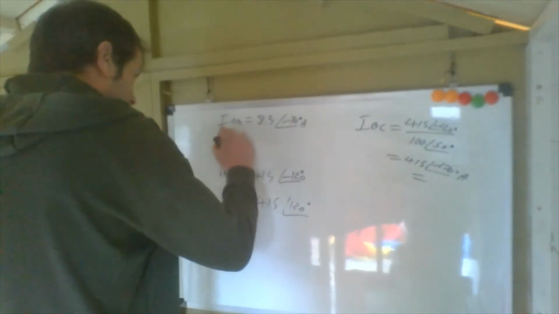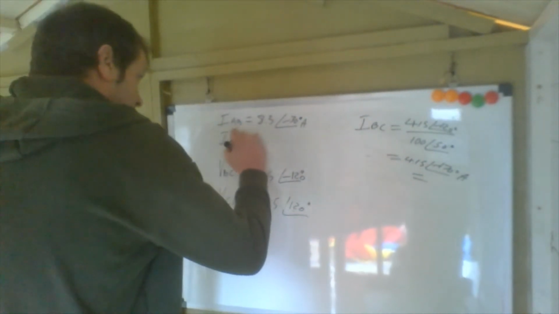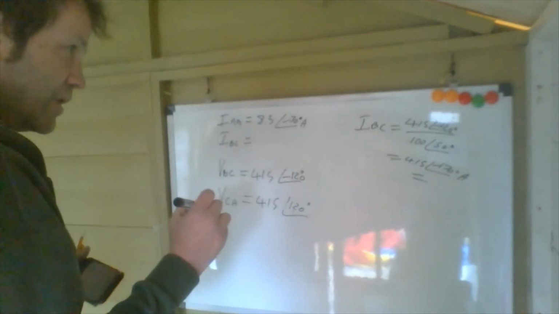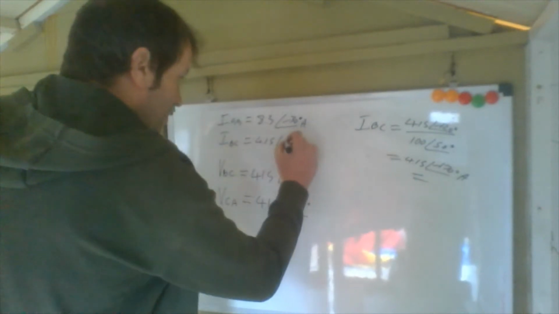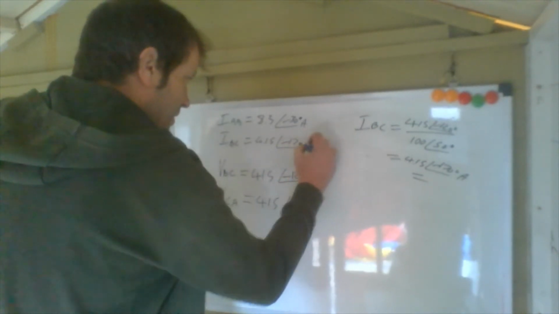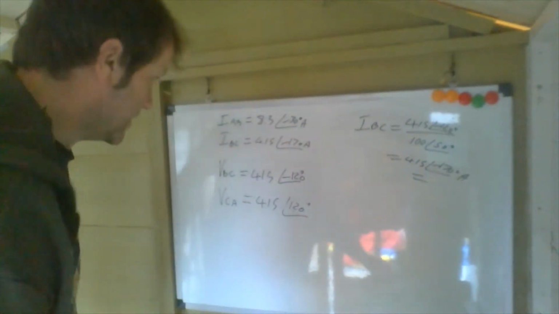So we'll put this up here: IBC is equal to 4.15 at an angle of minus 170 amps. That's this one.